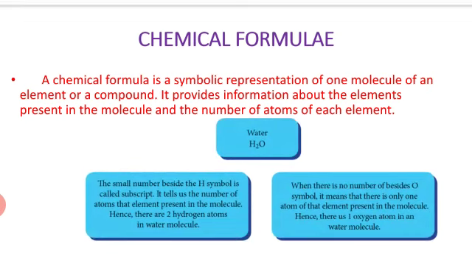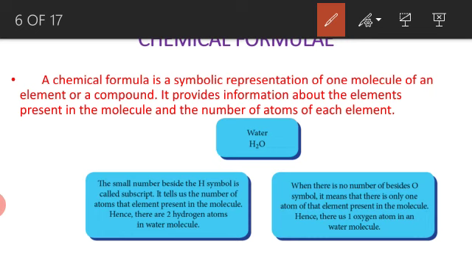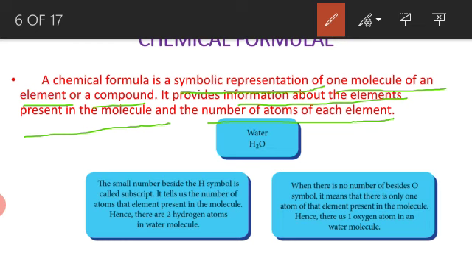Which means a chemical formula is a symbolic representation of one molecule of an element or a compound. It provides information about the elements present in the molecule and the number of atoms of each element.